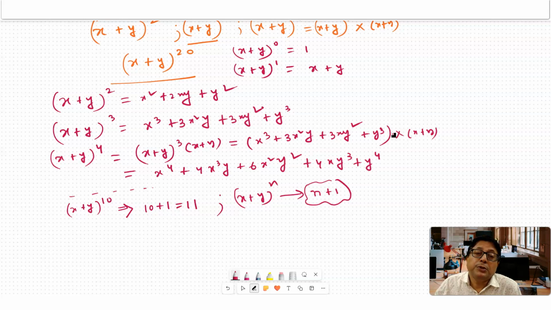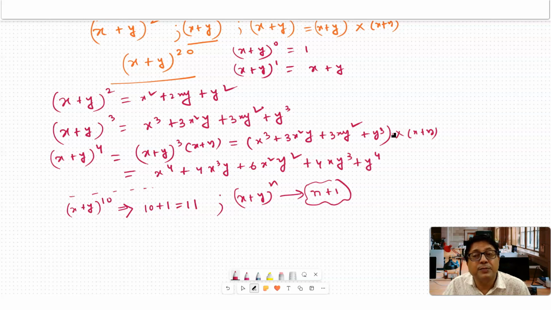So the sum of the indices of the terms is going to be equal to the index given here. As I told you, 3 plus 1, 4, 2 plus 2, 4, 1 plus 3, 4, and this 4 is 4. And the index of x gradually decreasing if you are going from left to right. It is gradually increasing for y if you are going from left to right.